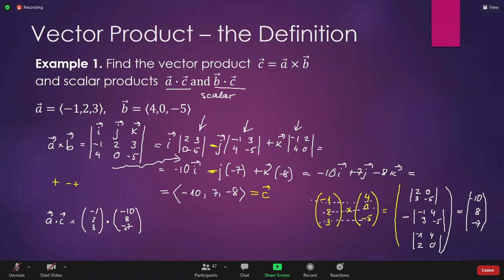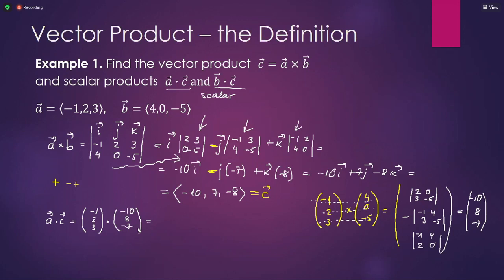And remember how we found the scalar product by multiplying the corresponding coordinates and adding them up. So -1 times -10 is 10, plus 2 times 8 is 16.